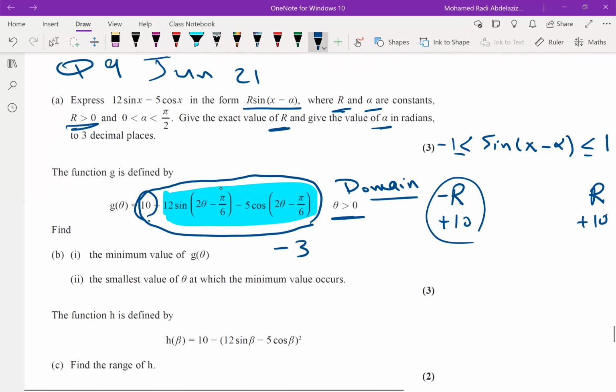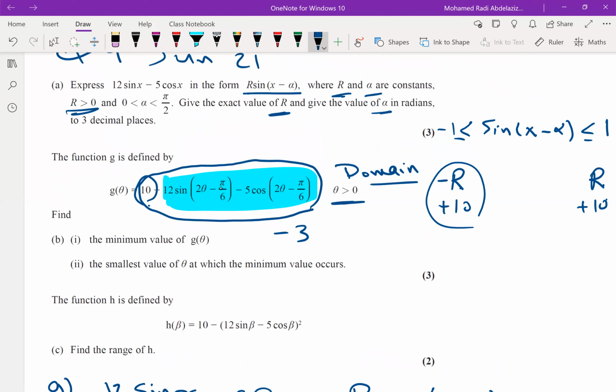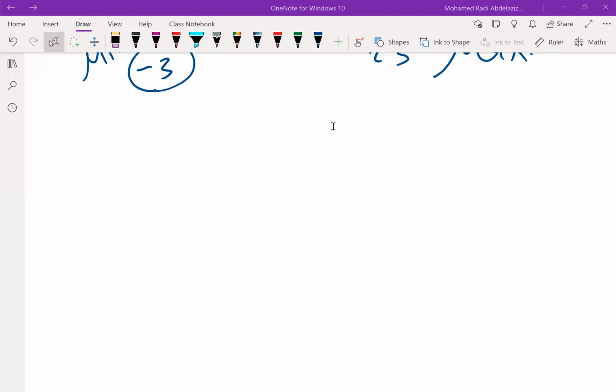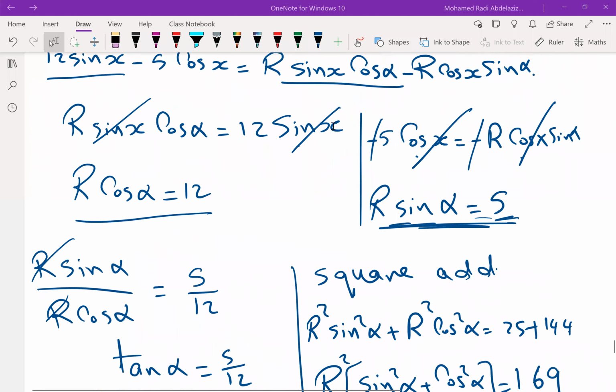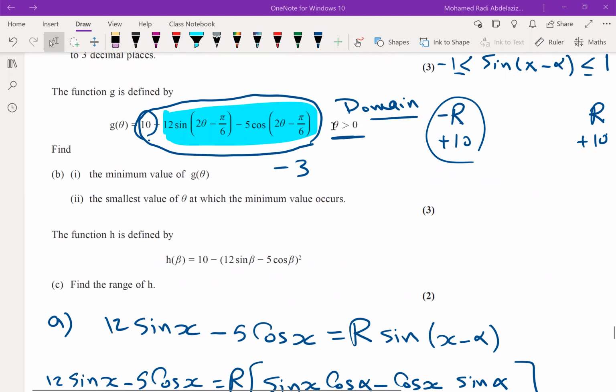Then the smallest value of theta at which it is the minimum, so I will take the equation of this expression and equate it with -3 and solve the equation, because in part 2 he asked the smallest value of theta at which the minimum occurs.